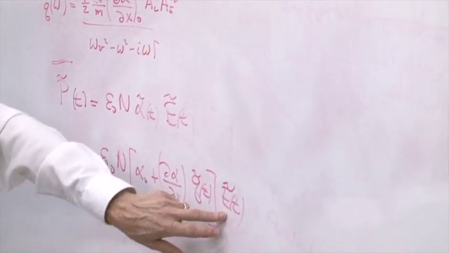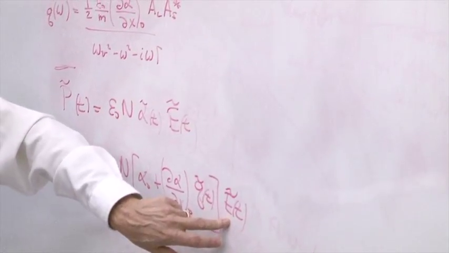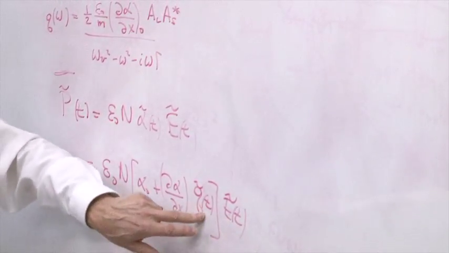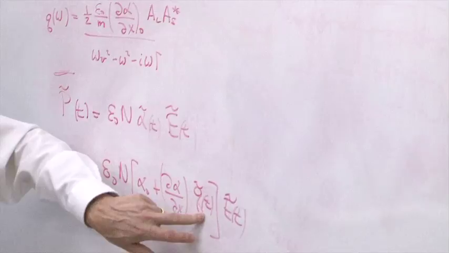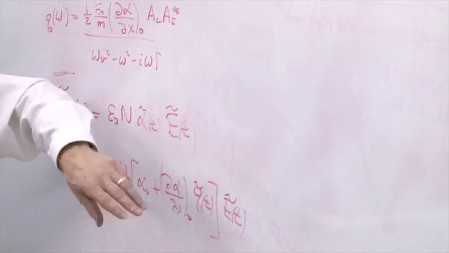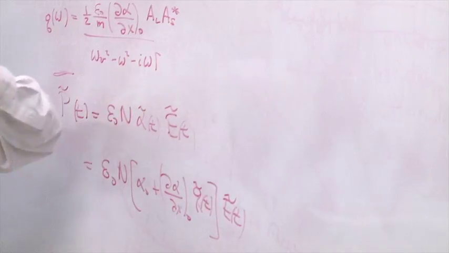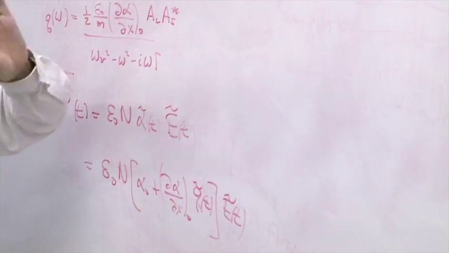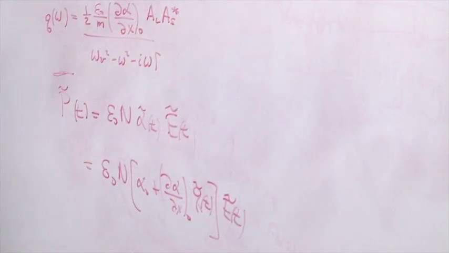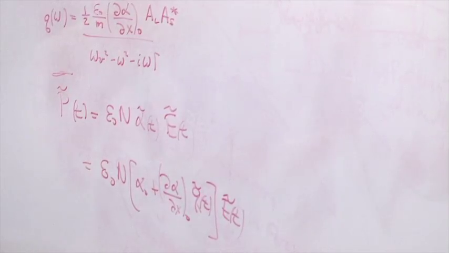Now, of course, E of t has two different frequency components. Q of t has two different frequency components. So there's going to be 4 different terms that show up here. And we will take a look at all of them before the lecture comes to an end.